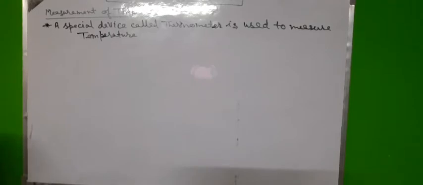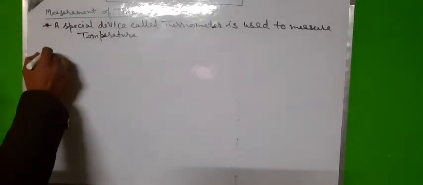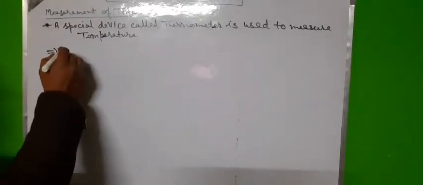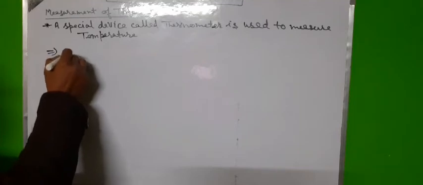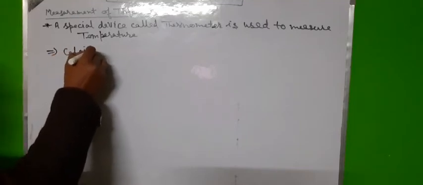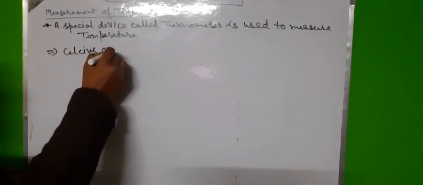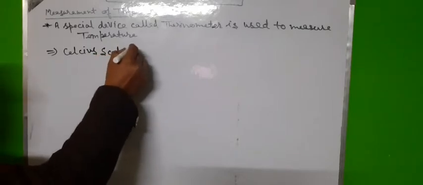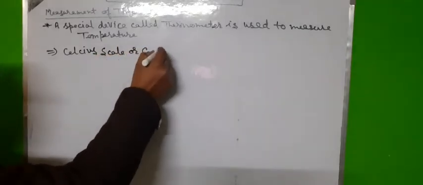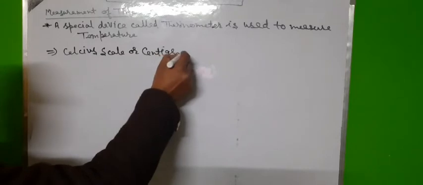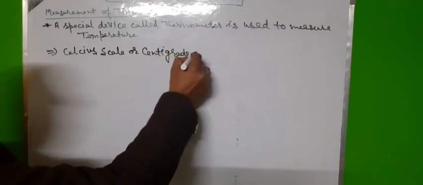So the thermometer is based on the ice and steam point of water. So the scales which we generally use, that is Celsius scale or centigrade scale.